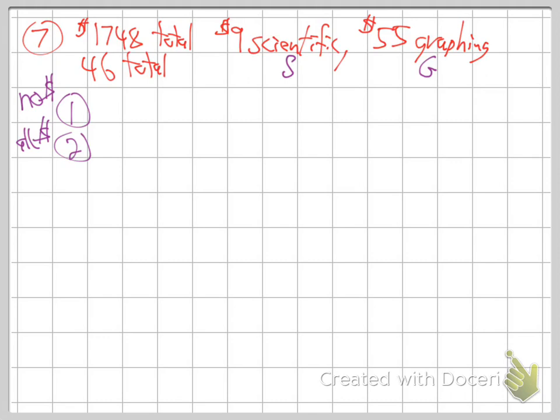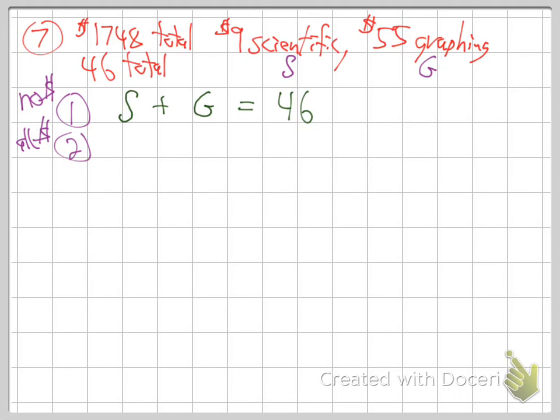So I'm going to go: number of scientific plus number of graphing is 46 calculators total. That's no money, that's just objects, right?